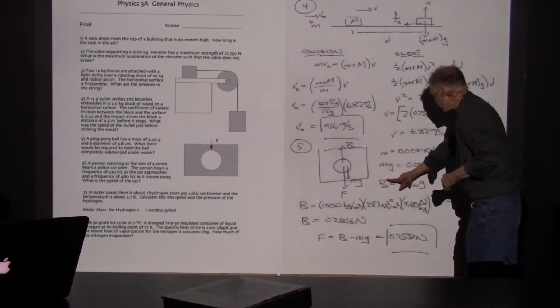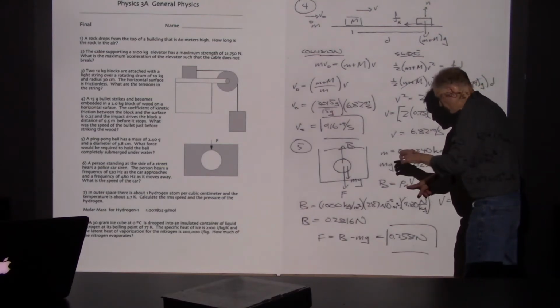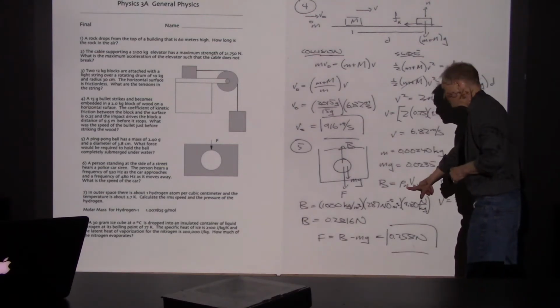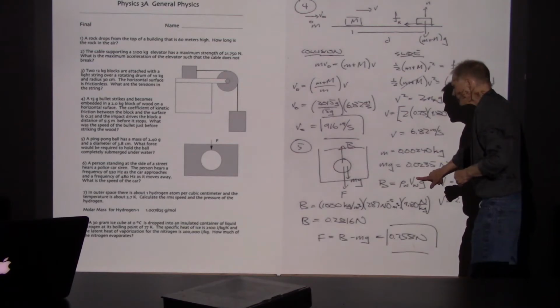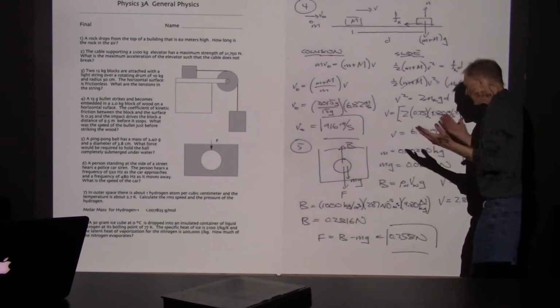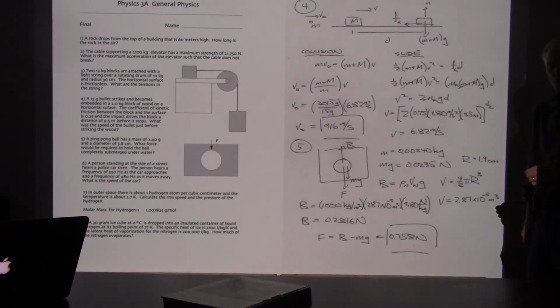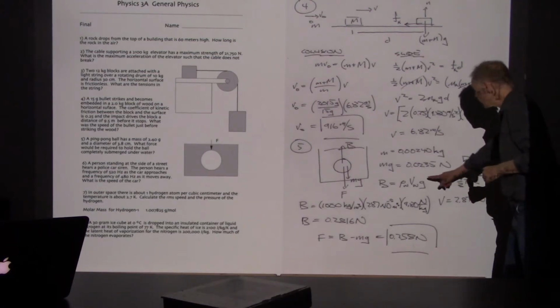So the buoyant force that I calculated would be the density of the surrounding fluid, that's water, times the volume of water displaced, which is the same as the volume of the ping pong ball because it's now completely submerged, times g.